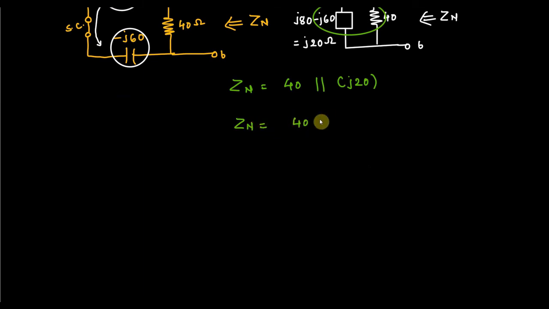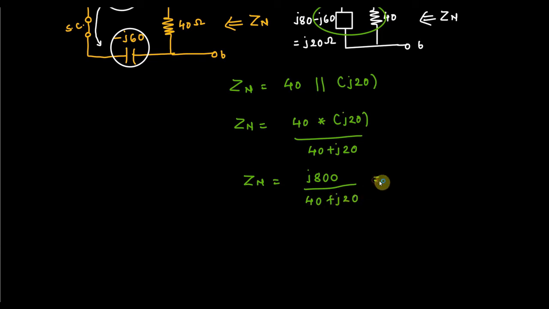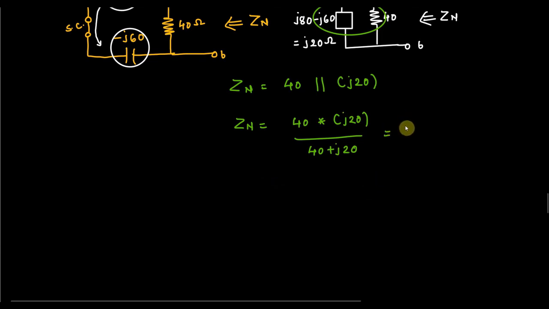So it will be 40 multiplied by j20 divided by 40 plus j20. Fine. So if you solve this, this will be j800 divided by 40 plus j20. Now you will get the answer as 8 plus j16 ohm.